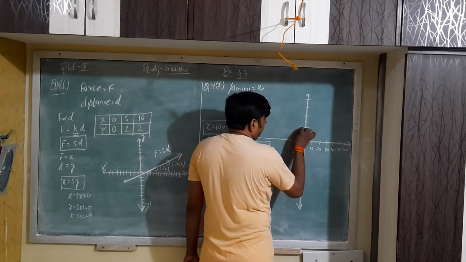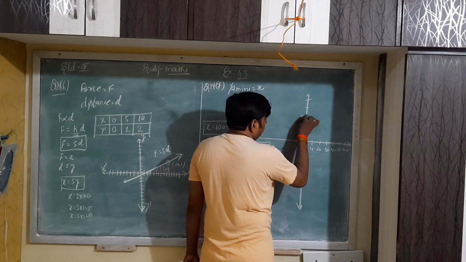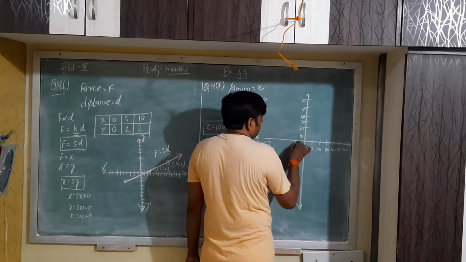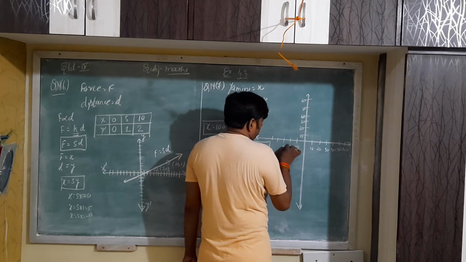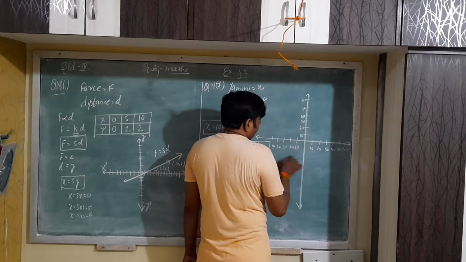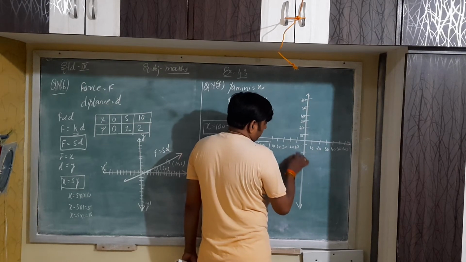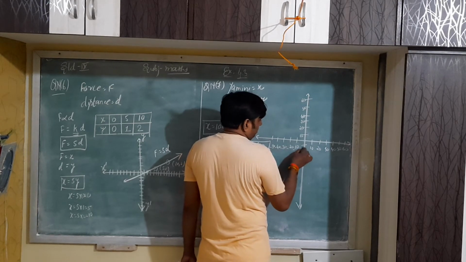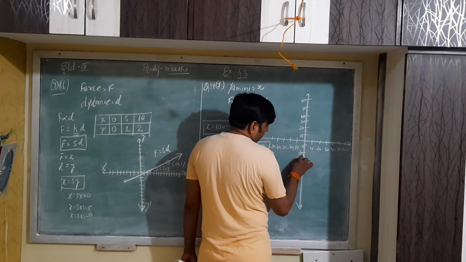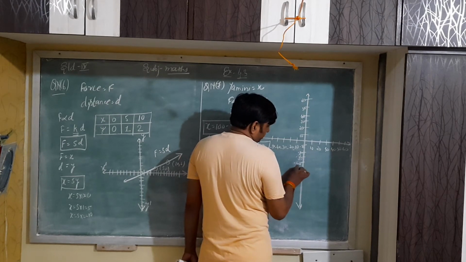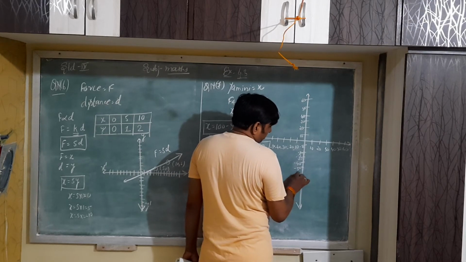Here also 10, 20, 30, 40, 50, 60. Then the minus side: minus 10, minus 20, minus 30, minus 40, minus 50, minus 60.